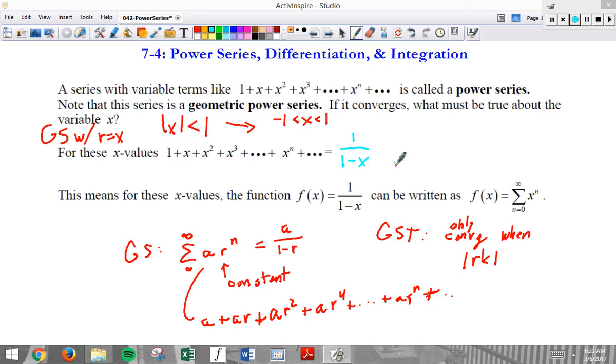So, what did we just show? For x values in this range, in this interval, this function is this series. Not approximately, is. They are the same thing. And that is a very powerful technique.